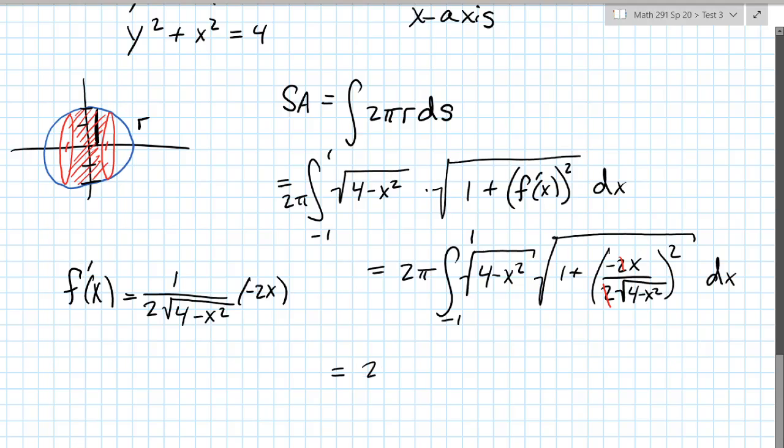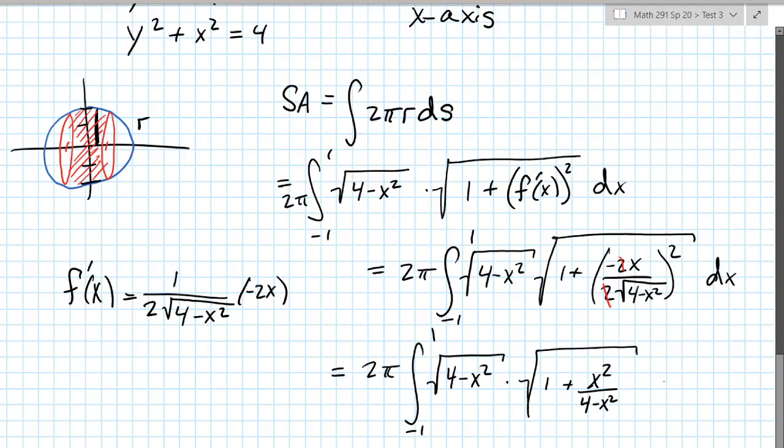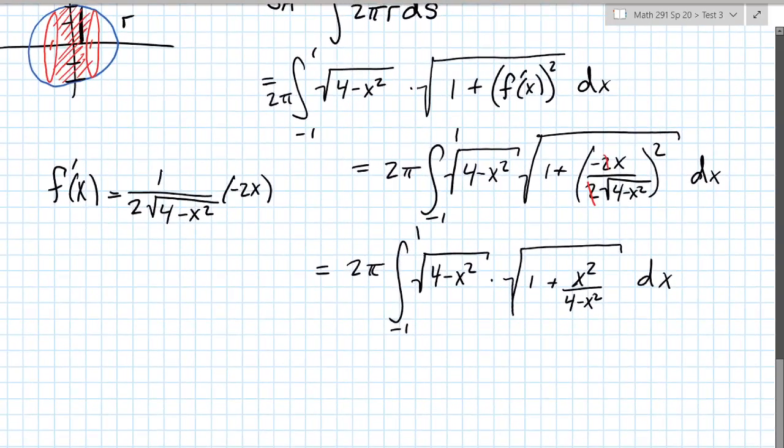So what are we left with? -1 to 1 of the square root of 4 minus x squared times the square root of 1 plus x squared over 4 minus x squared dx. At this point, we can get a common denominator for that square root.